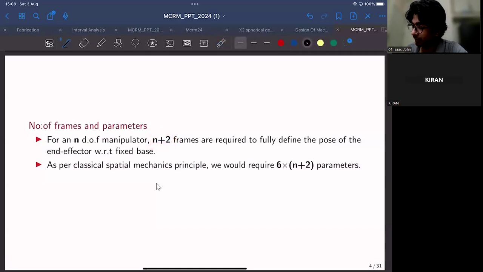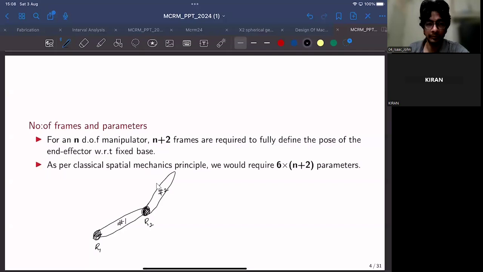For example, if you again consider a 2R manipulator with 2 revolute joints, it will have 2 rigid bodies connected by two revolute joints. The first link would be connected to the base using the R1 revolute joint, and the second link and the first link are connected using a second revolute joint R2.